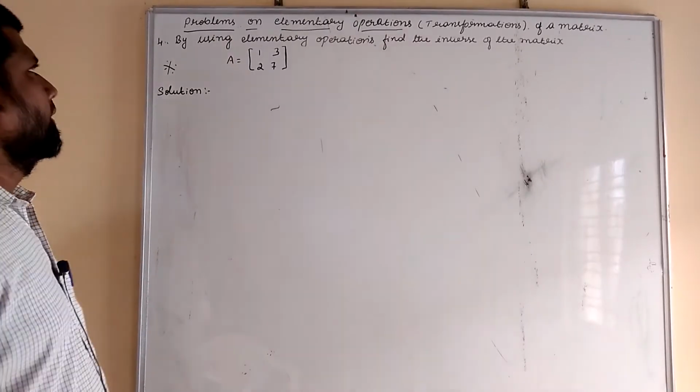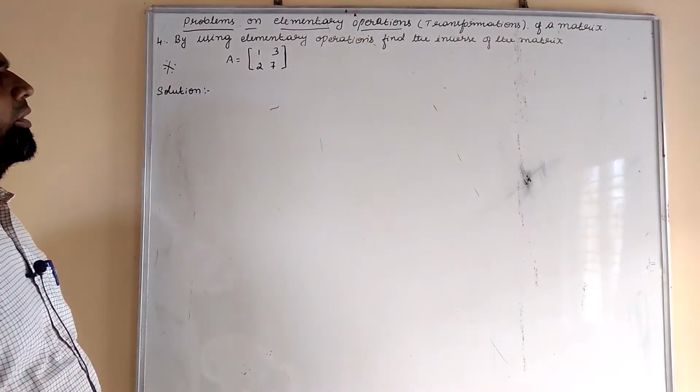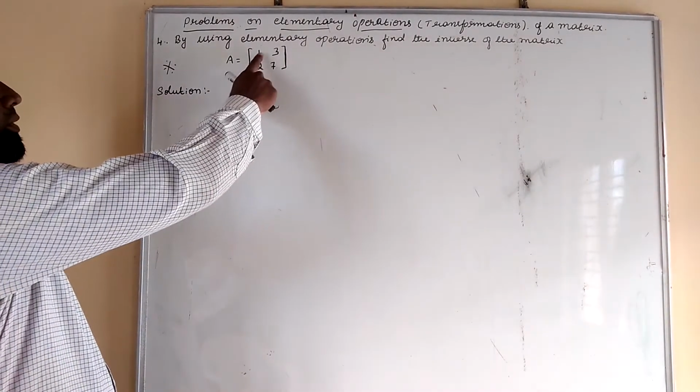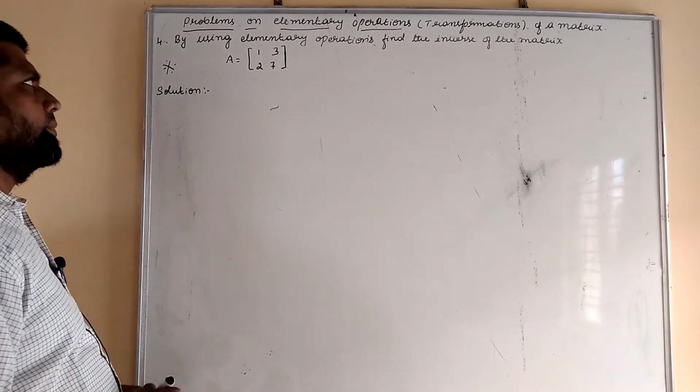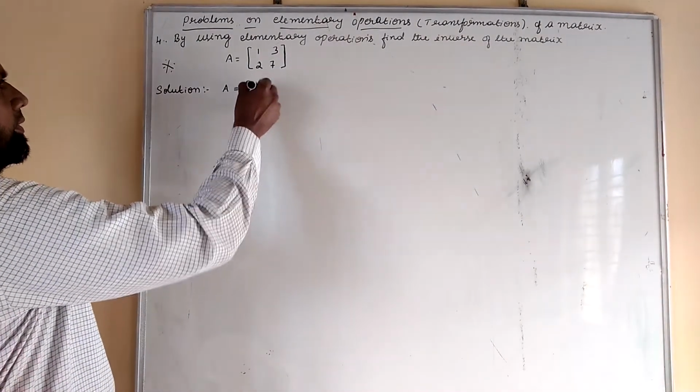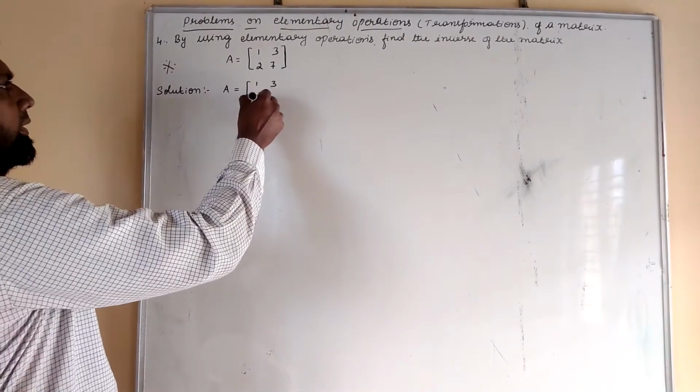Okay, let us go for the fourth problem. By using the elementary operations, find the inverse of the matrix. He has given the A matrix: A = [1 3; 2 7] of order 2 cross 2. Let us take A = [1 3; 2 7].